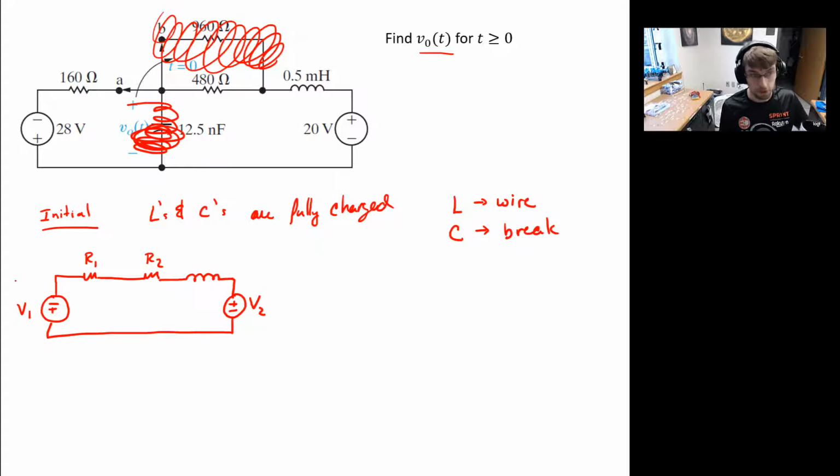Well, let's go at it. Because the inductor acts like a perfect wire, what's the current flowing through the inductor? Yeah, hopefully you see it. We can essentially ignore that inductor.